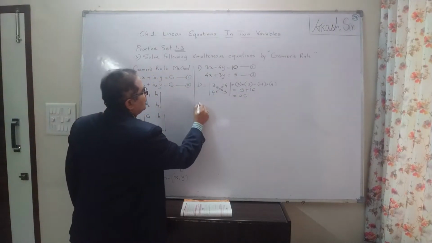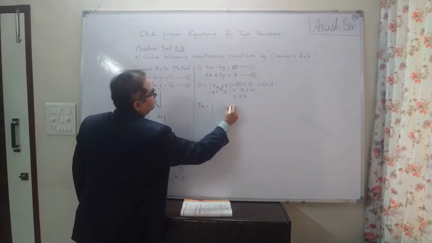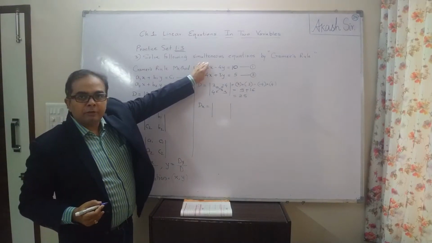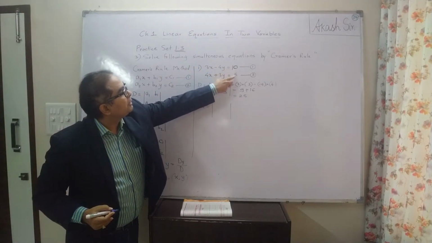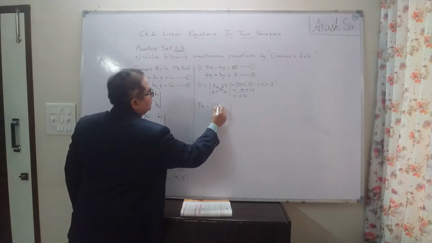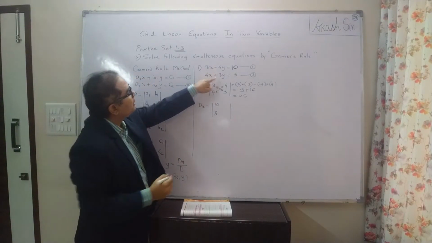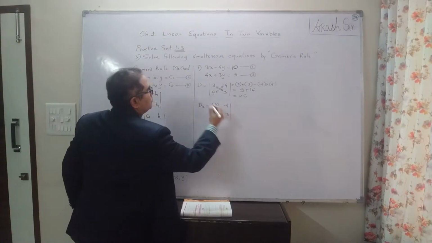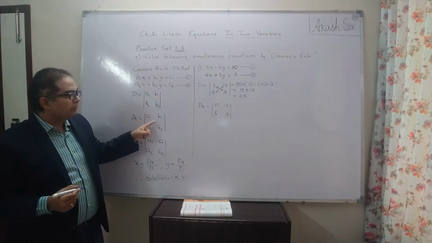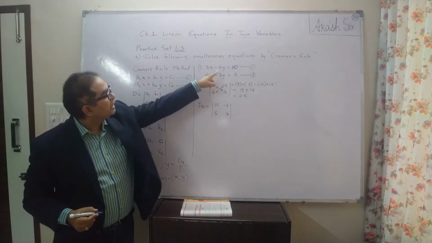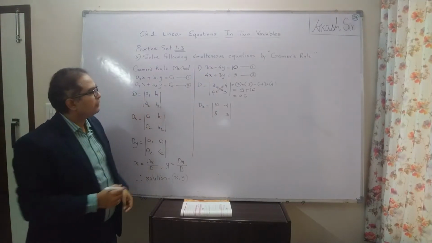Now the next determinant is Dx. How will you write Dx? In place of coefficient of x, replace with c1, c2, that is 10, 5, and coefficient of y as it is, minus 4 and 3. See, c1, c2, b1, b2. Solve.